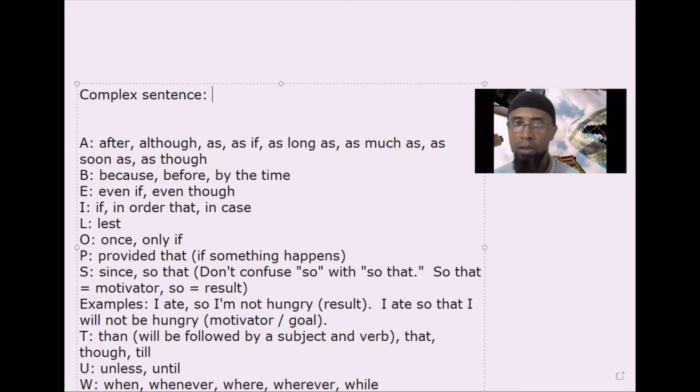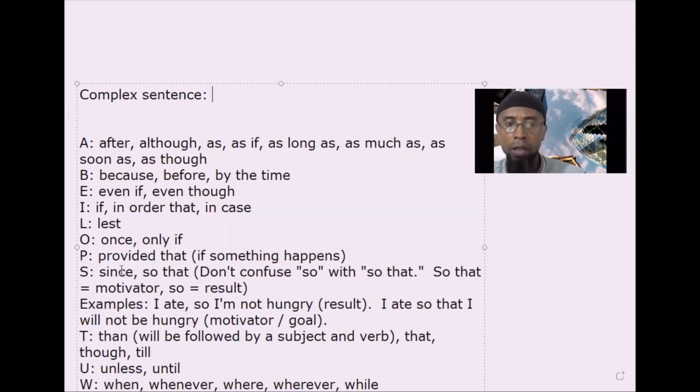The complex sentence is a little different from the compound sentence in that you're using a different type of conjunction. If you look here, you see these are conjunctions. There are many kinds of conjunctions, under the headings A, B, E, I, L, O, P, S. You even have an example in here, but I'm going to remove this example after I explain it, because I need more room for writing here.